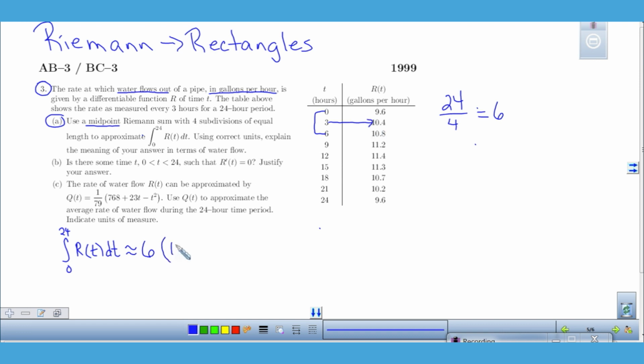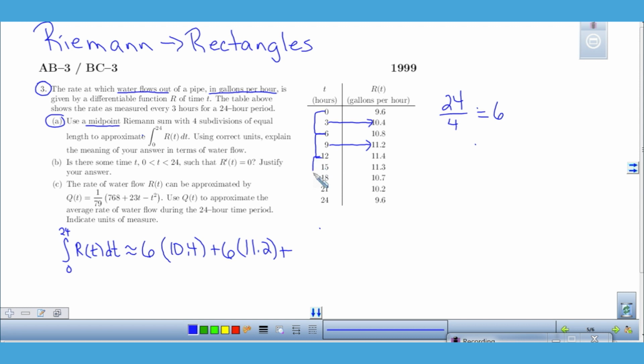That is the height of your rectangle. The next interval will be from 6 to 12, so a width of 6, and the height is not going to go with 6 or 12. That would be a left or right hand. We're going to go in the middle and get that middle value.